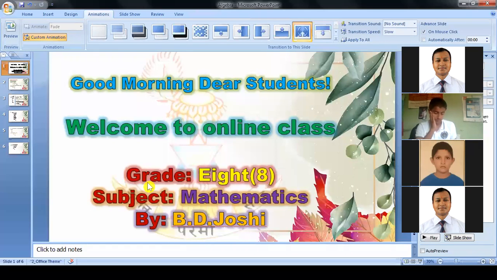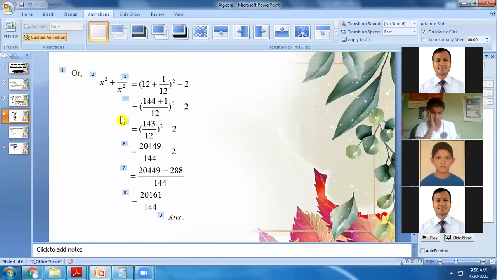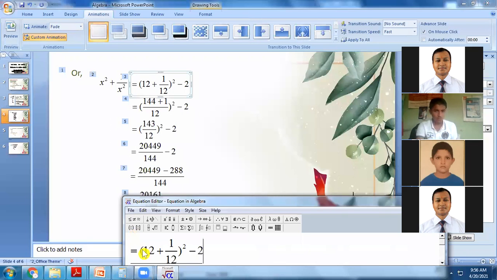And as you said previously, we can solve it by another method also. So for that, look at the screen. I can show it by this method.